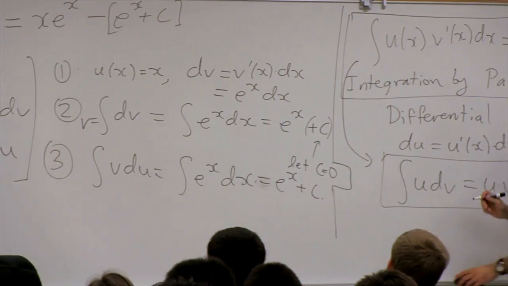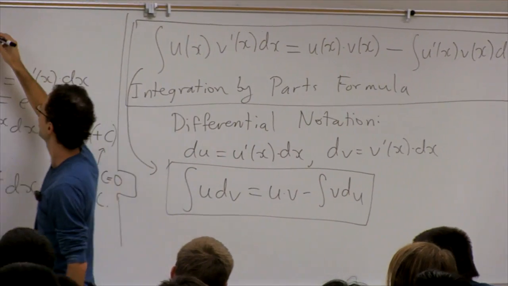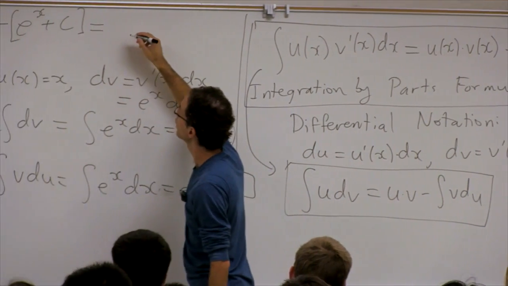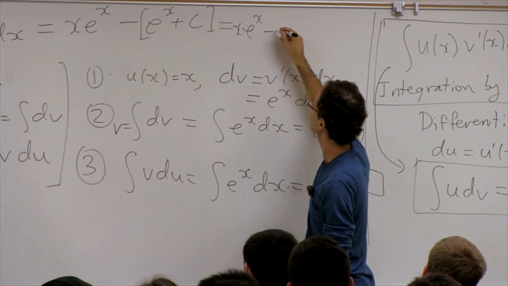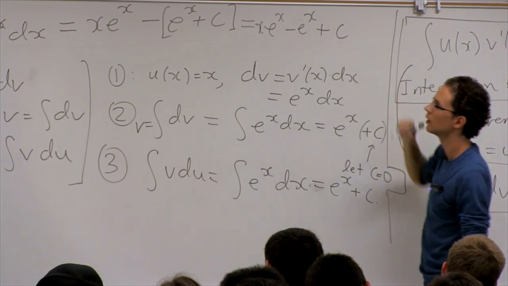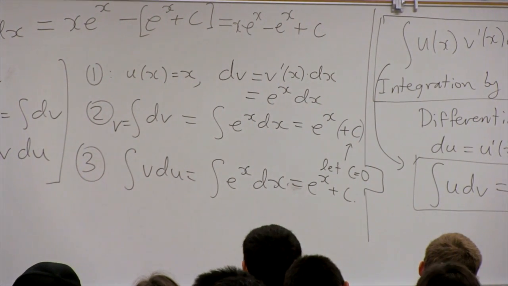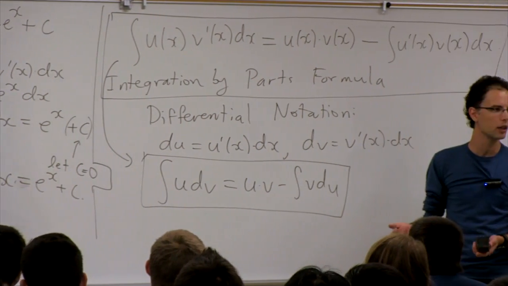Adding the constants, you can do it in the beginning or in the end. It's really not going to matter too much. You can write this as x e to the x, just a small simplification here, minus e to the x. And I'm going to write plus c. It should be minus c, right? But remember, the c is arbitrary. You can pick any constant you want.